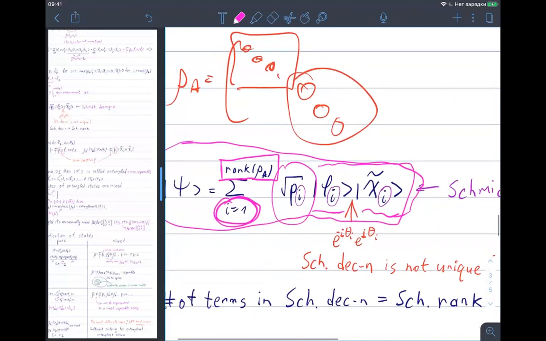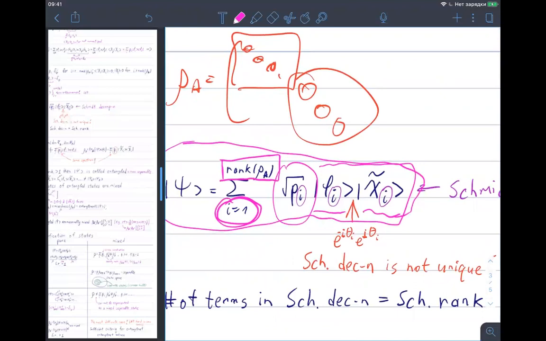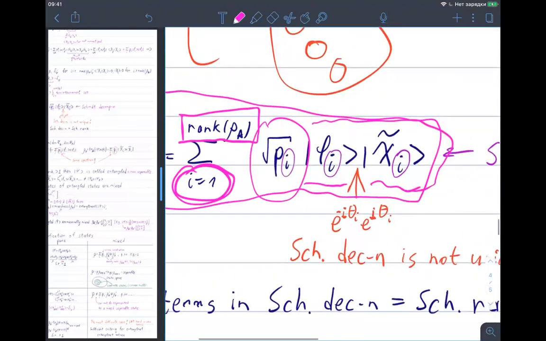Actually, it is not unique, in the sense that I can always introduce some theta_i in the exponent, with minus and without minus, and put those exponents inside the basis vectors, so I obtain some change in my basis vectors.